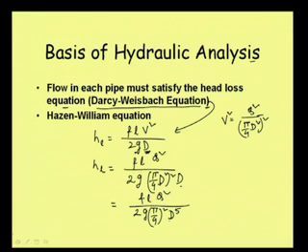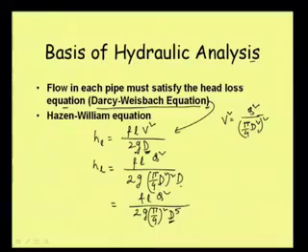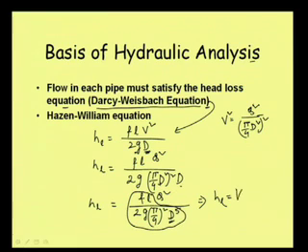Now, if the diameter of the pipe is given, the friction factor of the pipe is known, and the length of the pipe is known, then for a given pipe we can write that HL is equal to, this part we can consider as a constant K, so K Q square.